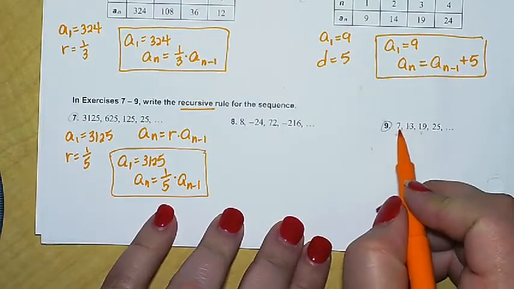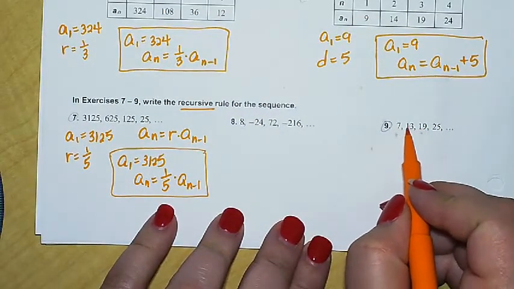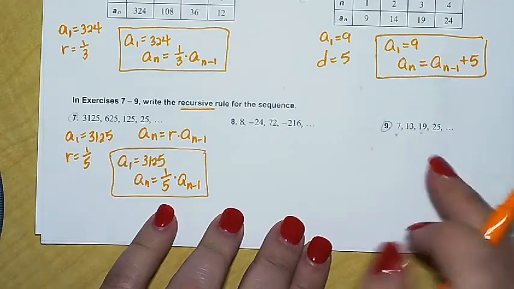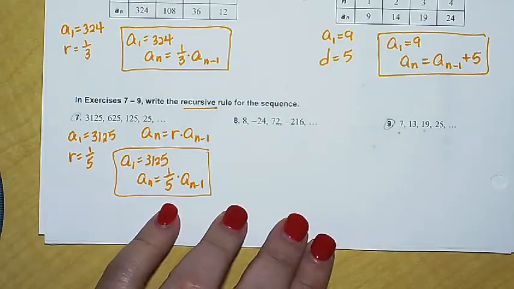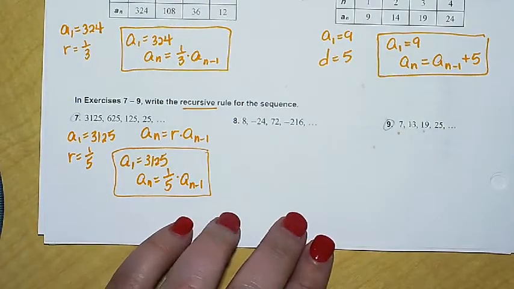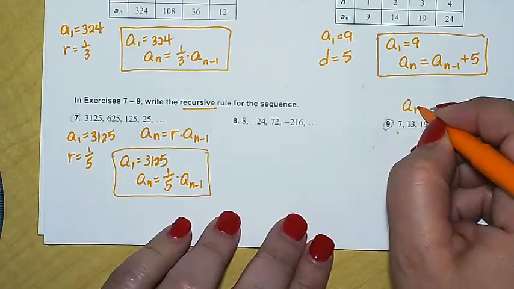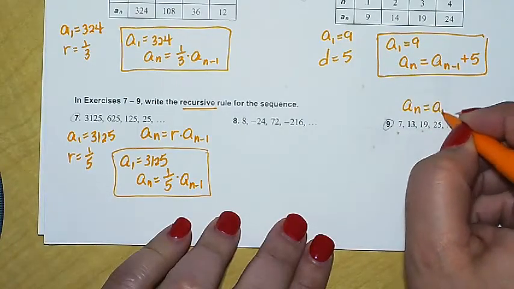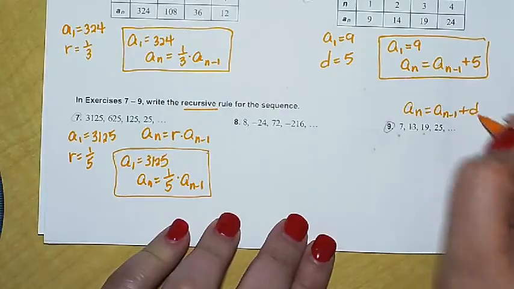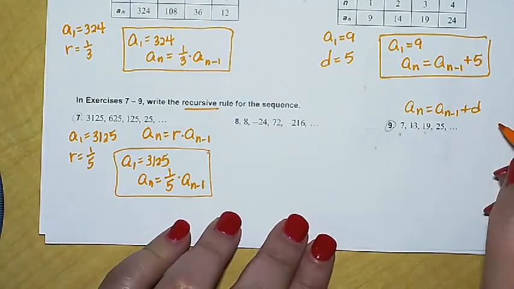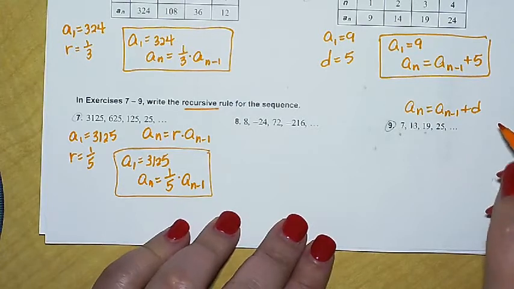Let's try one more here. If we look for a pattern, this increases by 6, then it increases by 6 again, then 19 plus 6 is 25. This one's pretty easy to see at a glance that it is arithmetic. And so if it's arithmetic, then our formula is always the new term is just the one right before it, plus or minus that common difference. I say plus, but it could be negative, right? And then we know it would be decreasing.